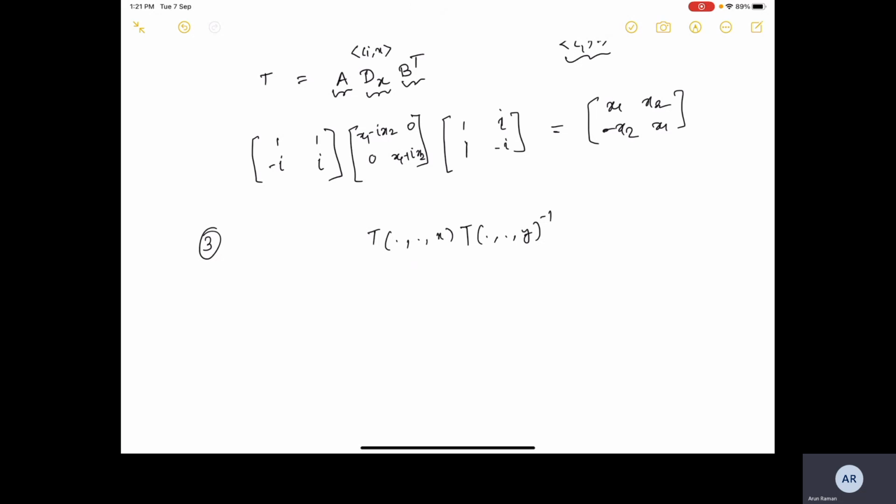The main claim was that the diagonal matrices which we will obtain will be D_x D_y inverse. So this will be the diagonal entry when we multiply these two matrices, that is, c_i x divided by c_i y.